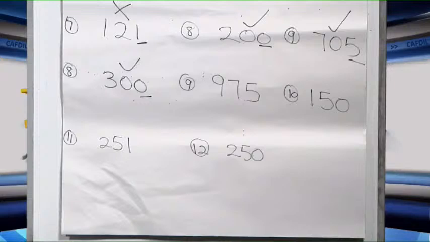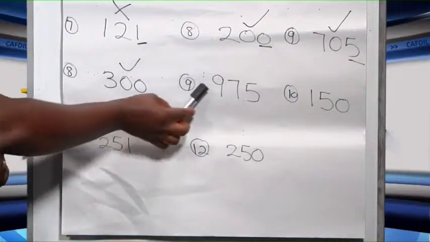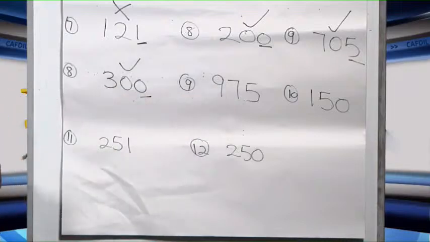I have 975. Learners, check if it is divisible by 5. Divisibility rule of 5. If the last digit is either 0 or 5, it means that number is divisible by 5. So I have 975 here.